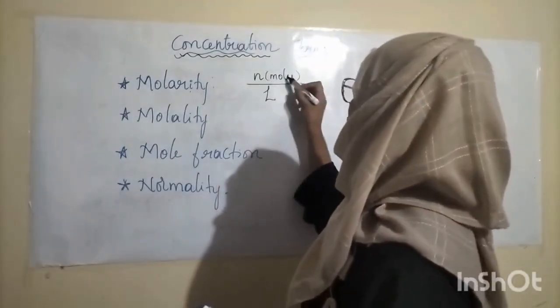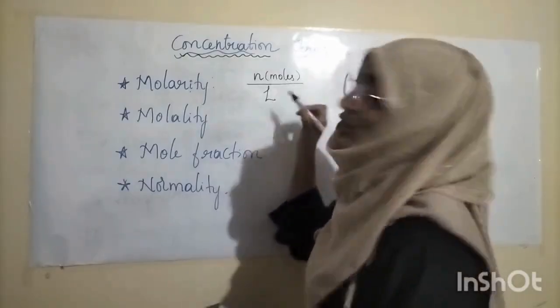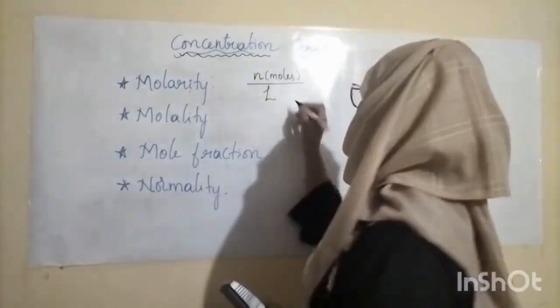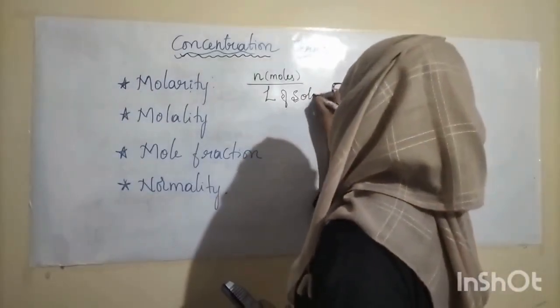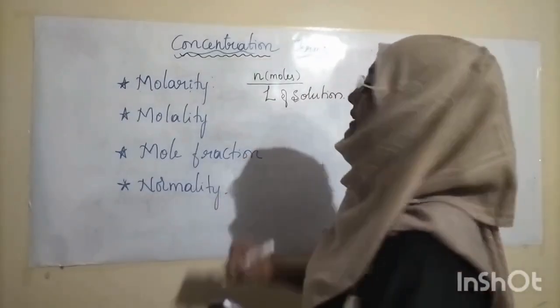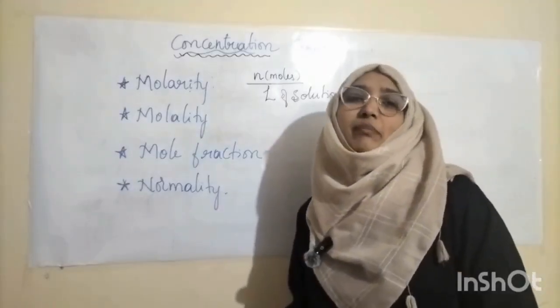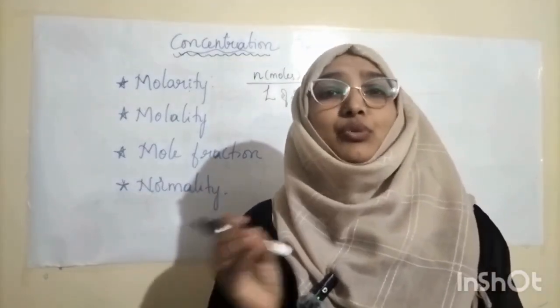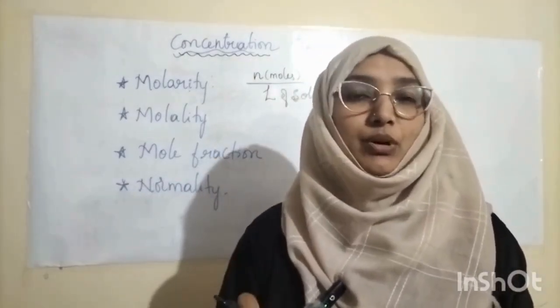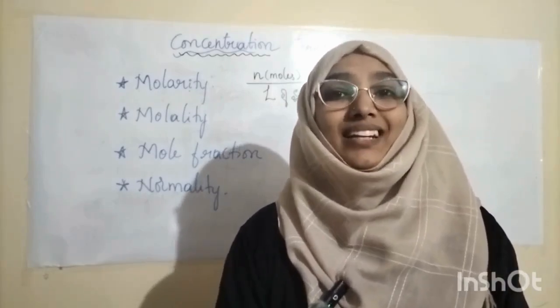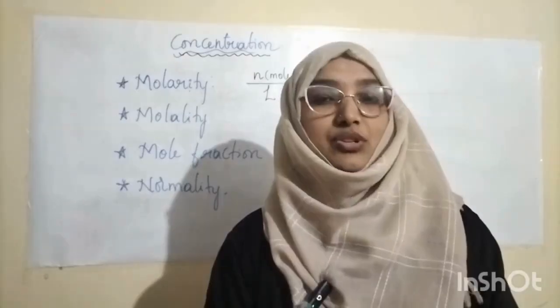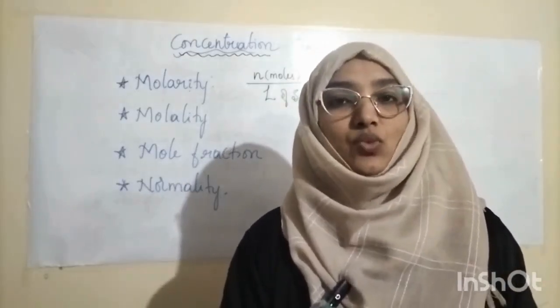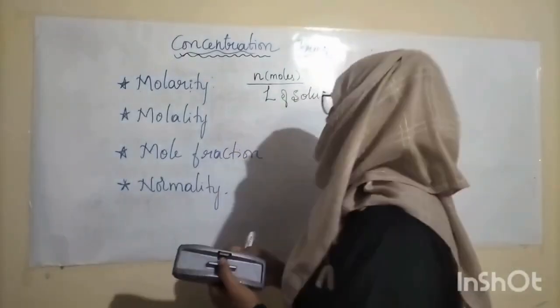So this number of moles of solute with respect to liter of solution is called molarity. Usually they will provide some number of moles of solute or a few grams of a salt or compound, and they'll ask to calculate the molarity of this solution. In such cases, let me take an example.